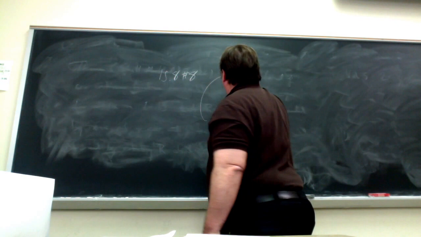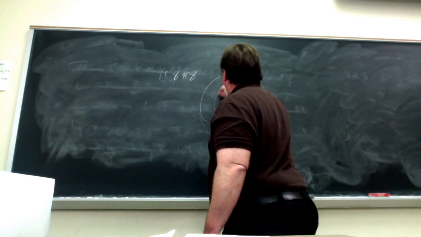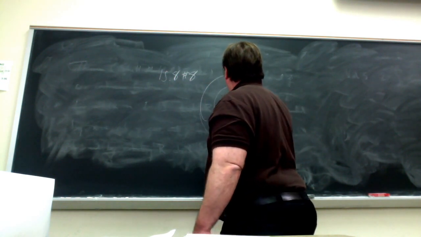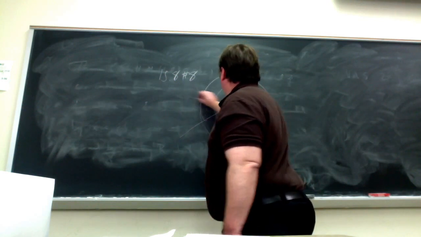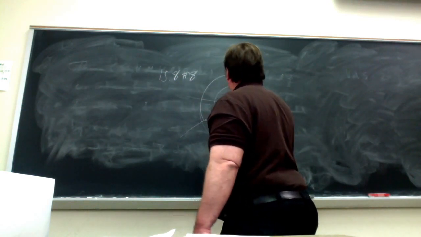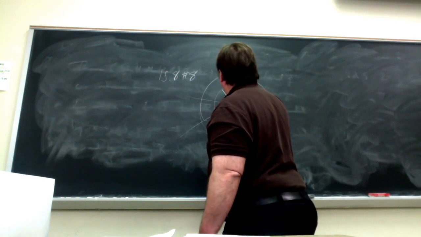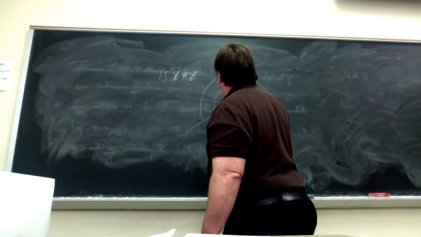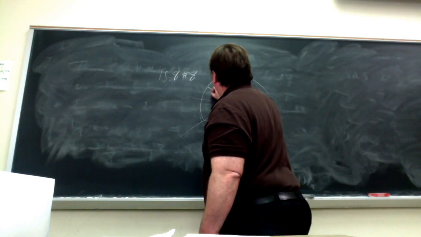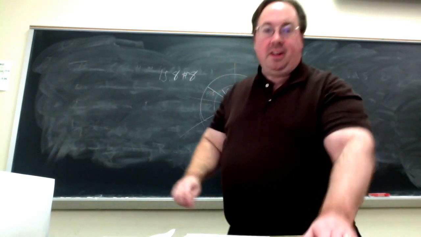D is the region between two spheres. In my version of the problem, the inner sphere has radius 4, I'll use rho equals 4 in spherical coordinates, and the outer sphere has radius 5.